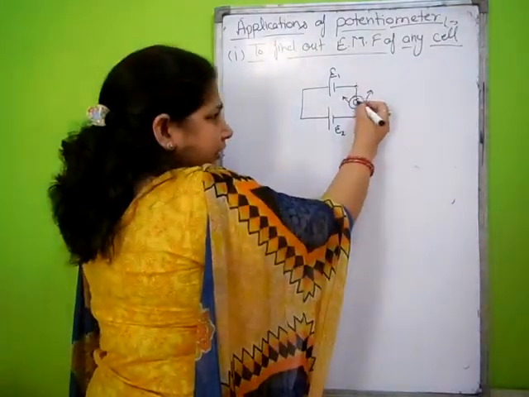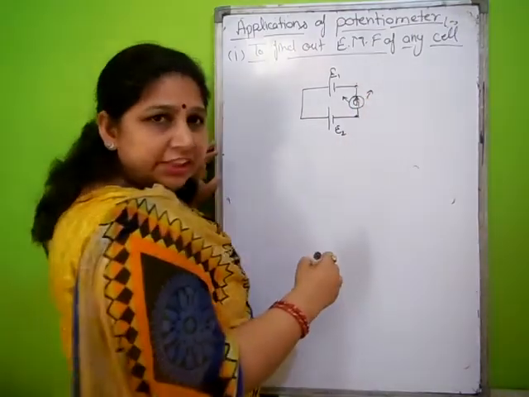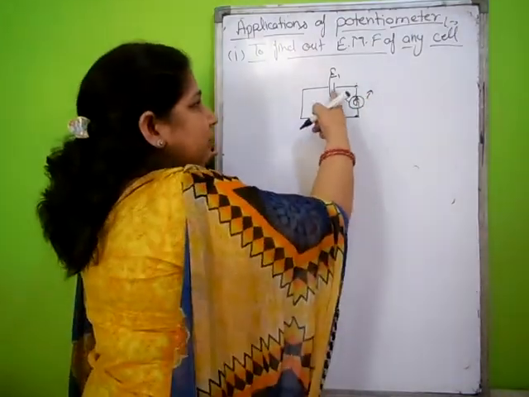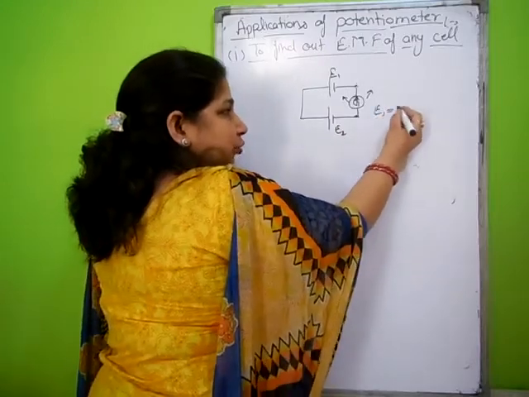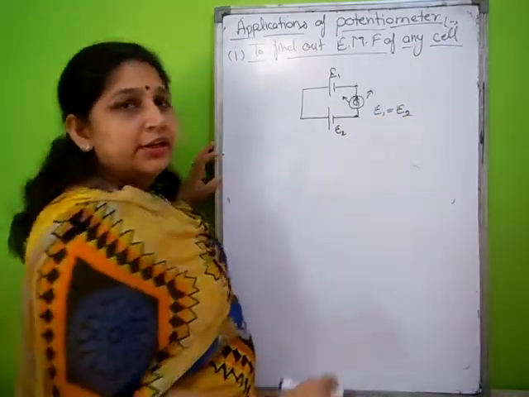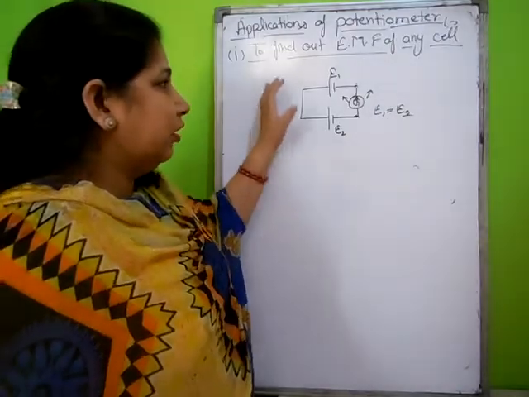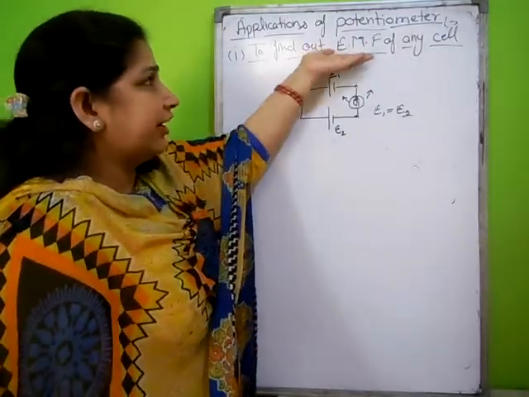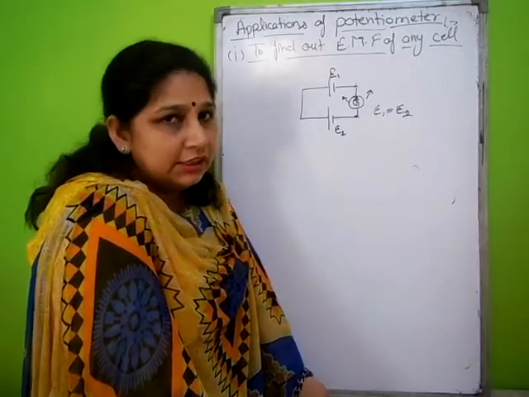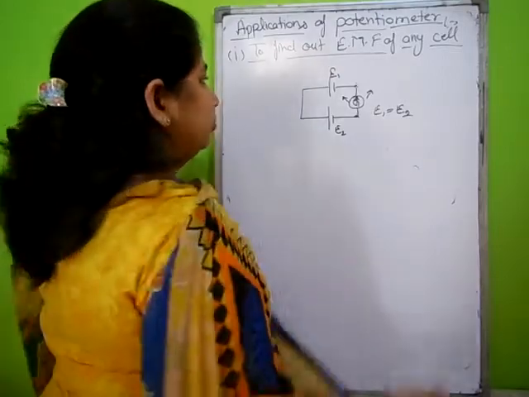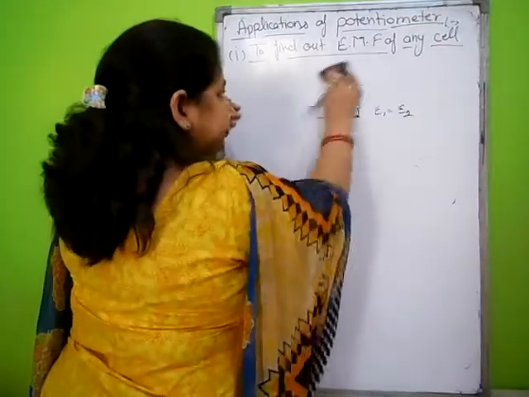Means if we have no deflection in the galvanometer, definitely the potential of E1 will be the same as E2. E1 is equal to E2. Got it? This is the principle on which we find the EMF of the cell. All these principles work on the null deflection method. So we'll use this phenomenon.